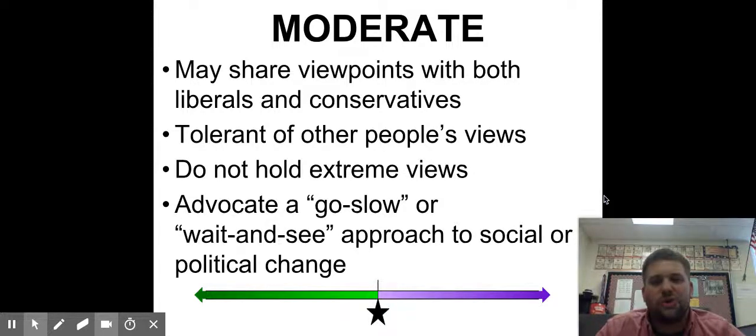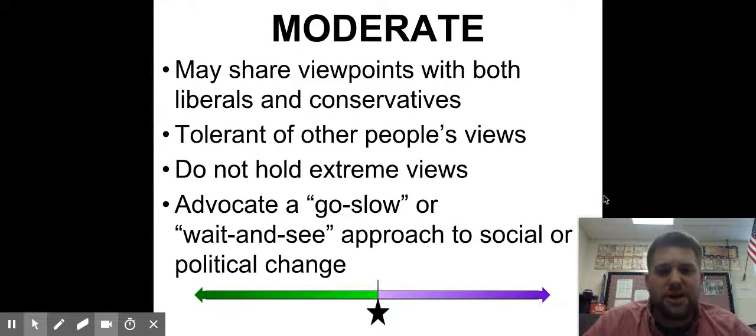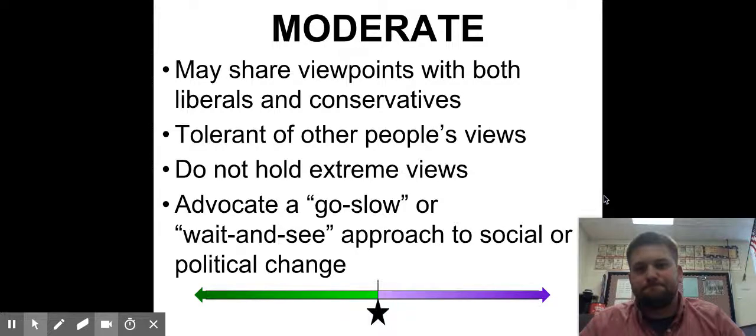Oftentimes, they don't hold extreme views on many issues. They tend to be able to see both sides. And they would advocate for a go slow or wait and see approach to social and political change. Let's just see what happens. And if it naturally starts to change, they'd be okay with that.